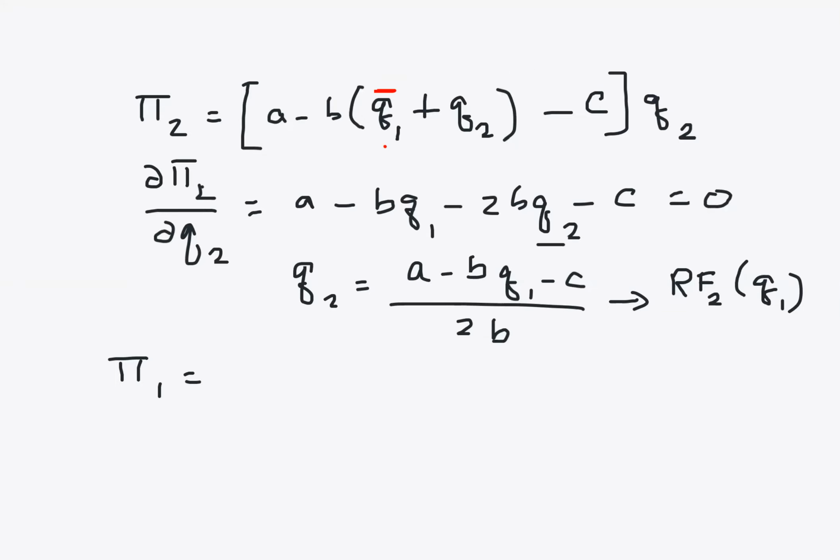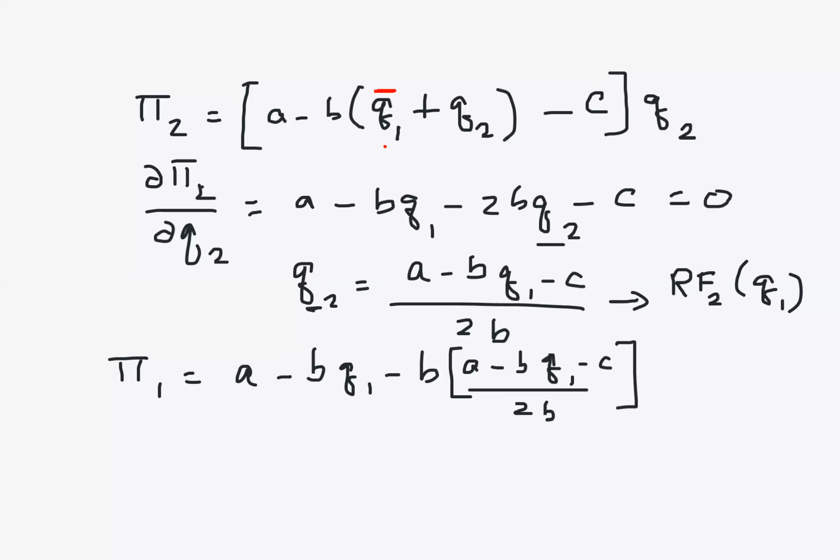So let's write it down. A minus B times Q1 minus B times Q2. Instead of Q2, I'm going to plug in the reaction function of firm 2. So A minus B Q1 minus C over 2B.